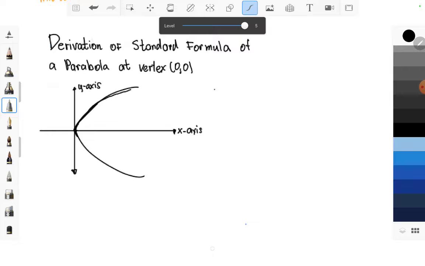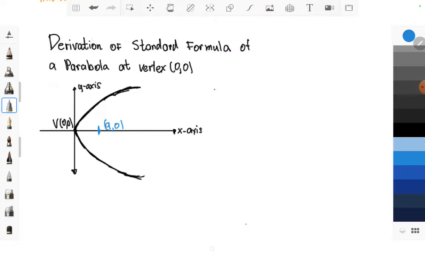Sorry for that. So our point is at vertex (0, 0), and of course we must have our focus, which we call (a, 0). This point will be my focus.